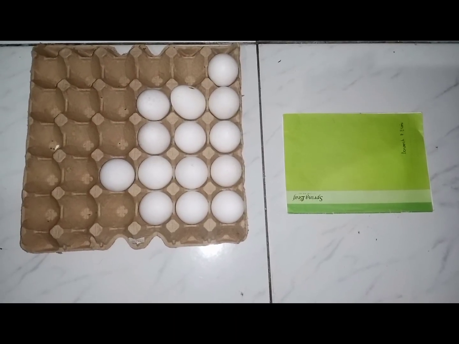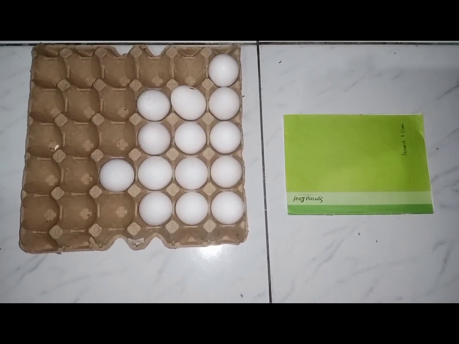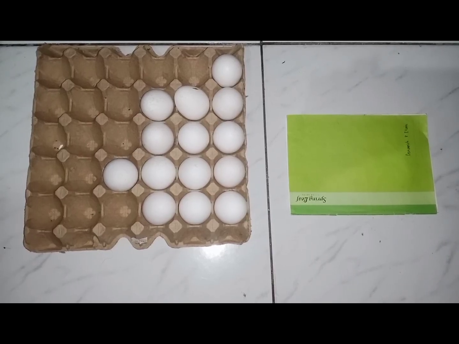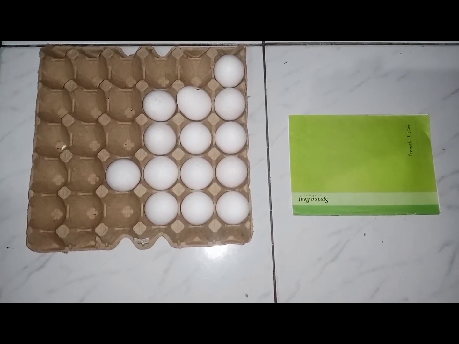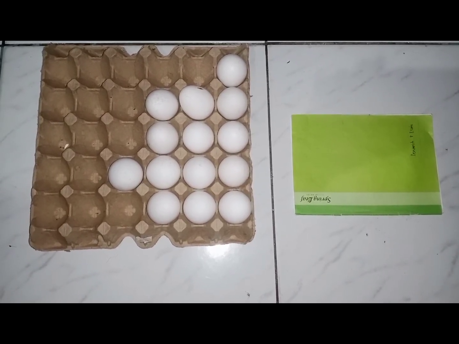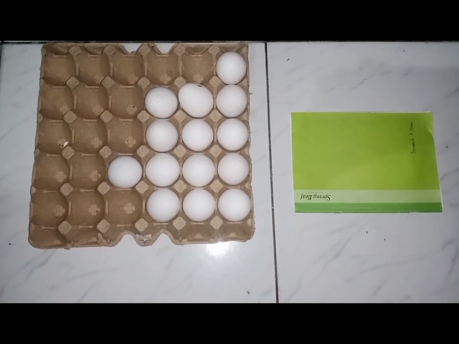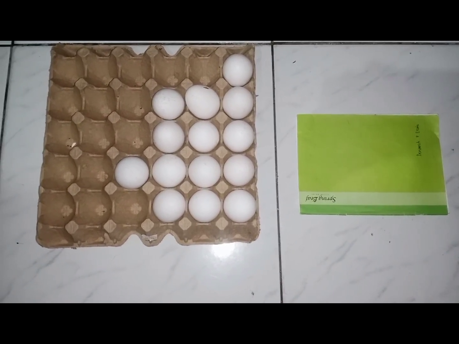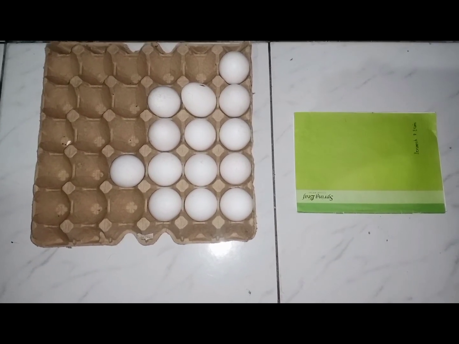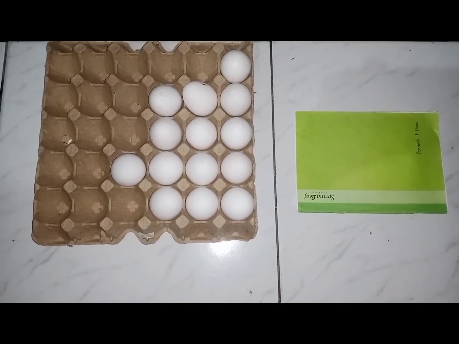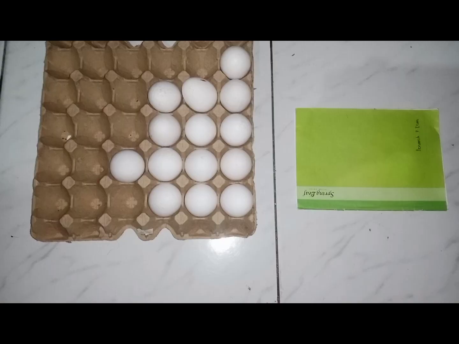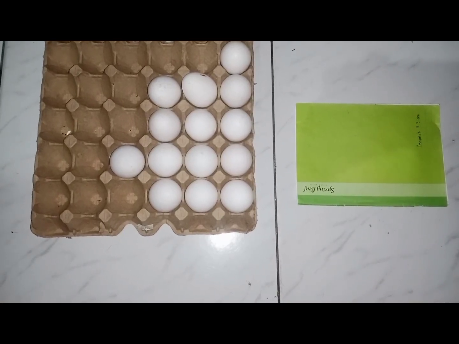Some types of quadrilaterals are squares, rectangles, parallelograms, and trapezoids. For example, a notebook represents a rectangle because it has opposite sides that are equal and parallel, while an egg tray can also be a square because of its equal sides.